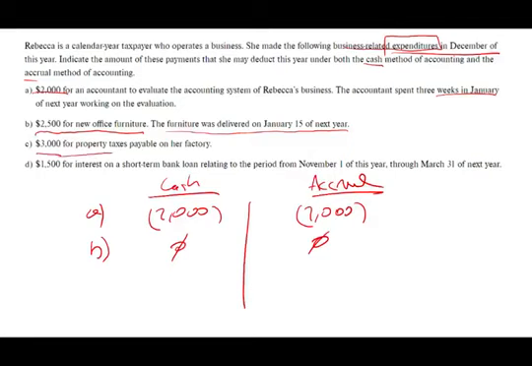$3,000 for property taxes payable on the factory. So Rebecca, she paid $3,000. Well, did she pay the money? Yes. So for tax purposes, under cash, it's deductible. Property taxes is basically a general deduction.